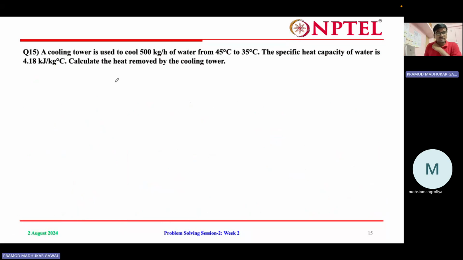Next question, a cooling tower is used to cool 500 kg per hour of water from 45 degrees Celsius to 35 degrees Celsius. The specific heat capacity of water is given as 4.18 kilojoule per kg degrees Celsius. Calculate the heat removed by the cooling tower, right?